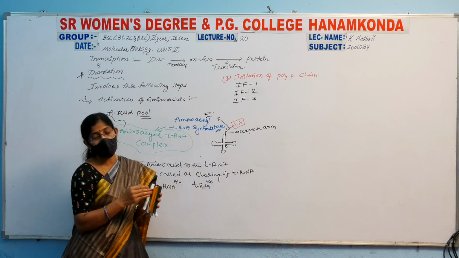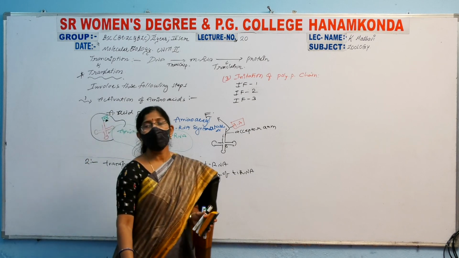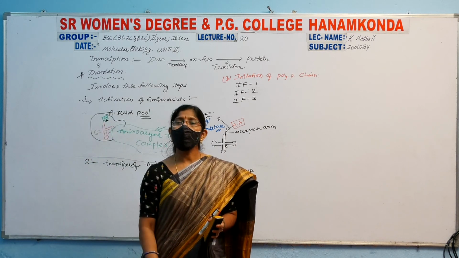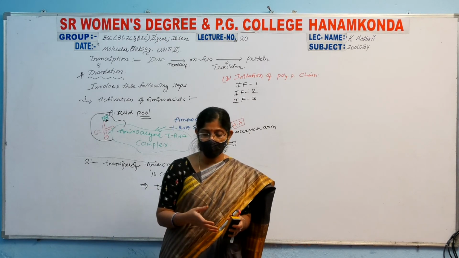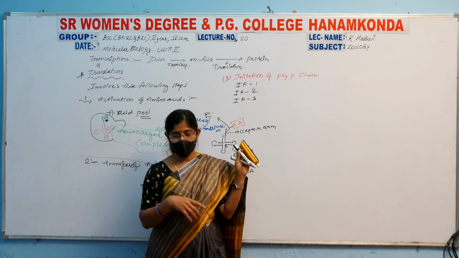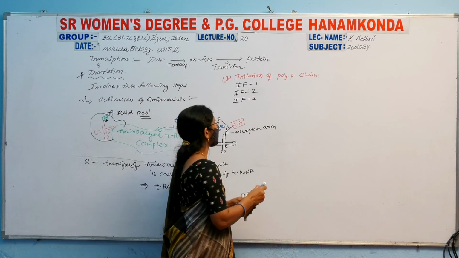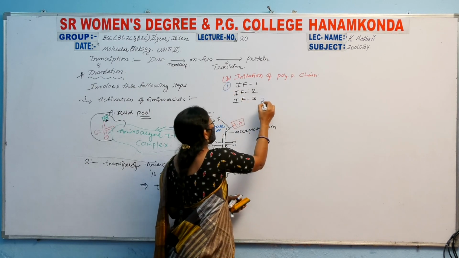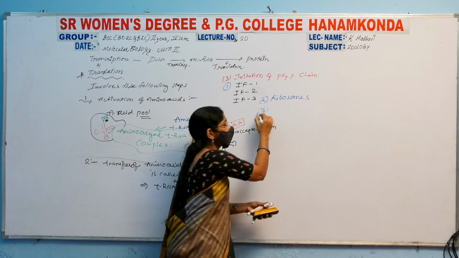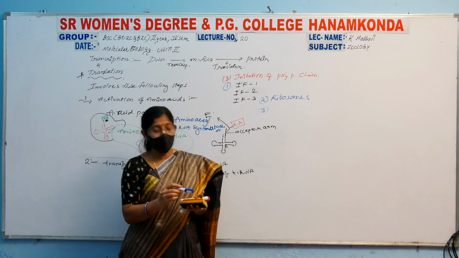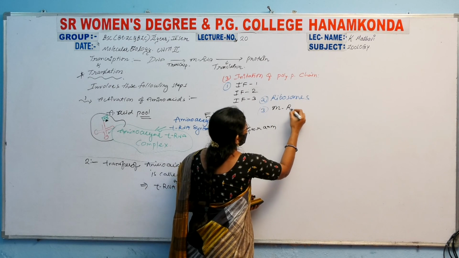Now the essential compounds required for the initiation process. What are they? The initiation factors are the first one. The next one is the ribosomes, the most important one. Third is the mRNA template, also most important.